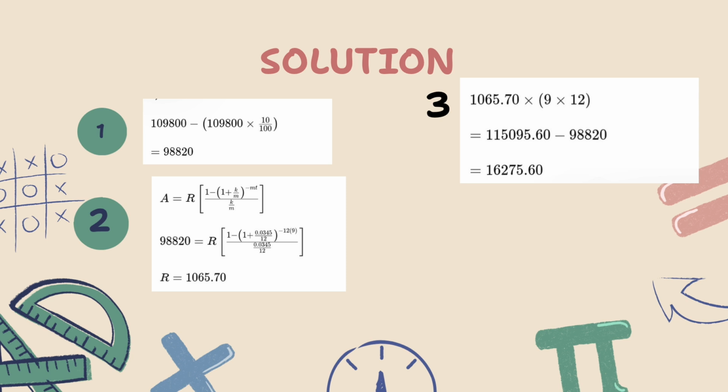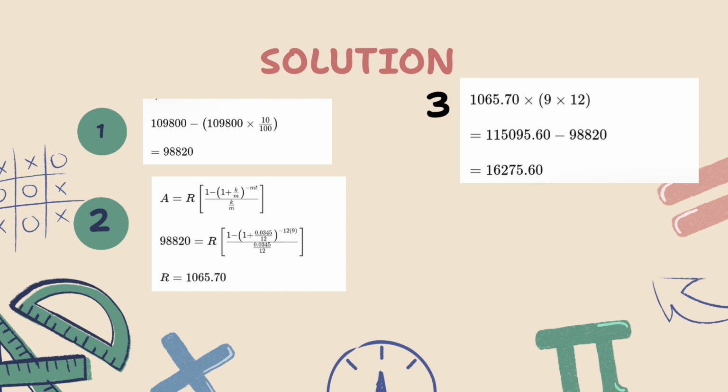The total amount paid over 9 years is 1,065.70 times 108 equals 115,095.16 ringgit.